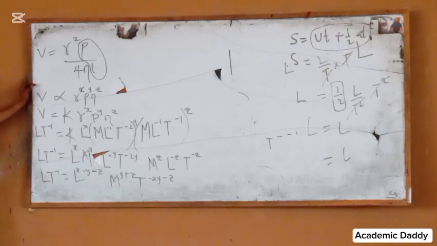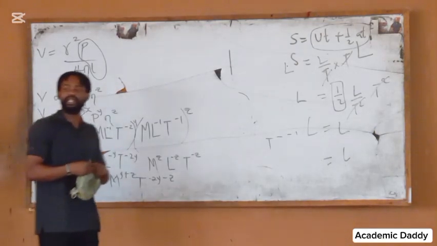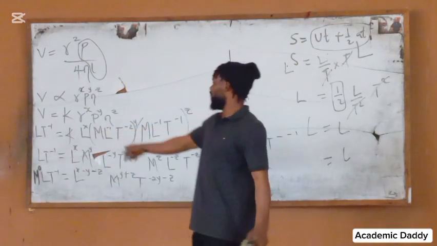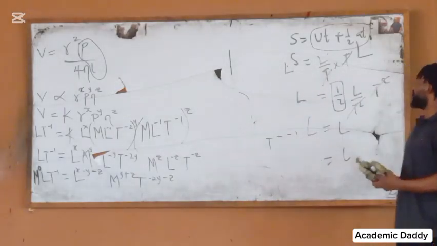My left hand side is having L and T, but it's not having M, but the right hand side is having everything. So I'll simply add M raised to power 0, because anything raised to power 0 is 1, and 1 times LT minus 1 is still LT minus 1.